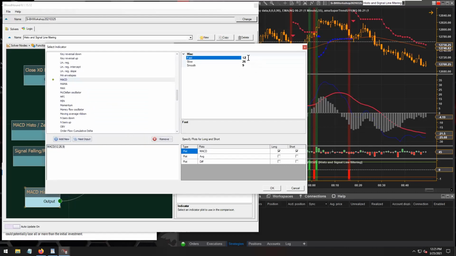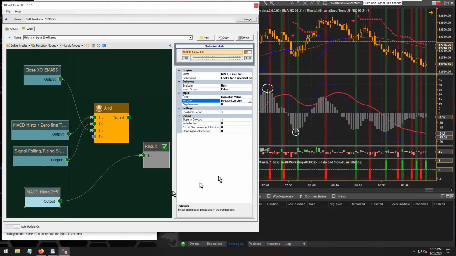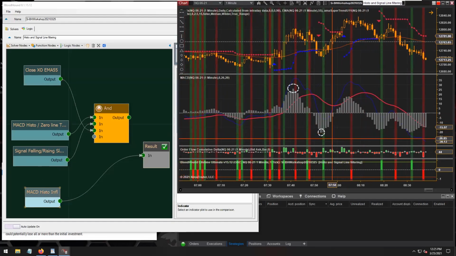And I've got to remember to adjust the settings here, so it matches what's on the chart there. And then we'll select the histogram plot, like so. And there we go. Now, of course, this identifies all the inflection points. So if there's one thing about the histogram, it has a whole bunch of inflection points all over the place there.